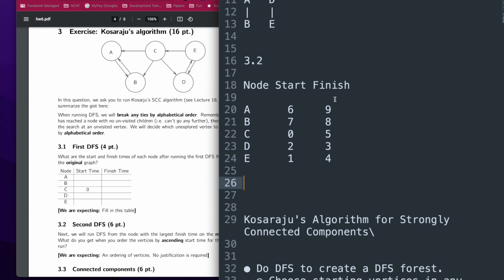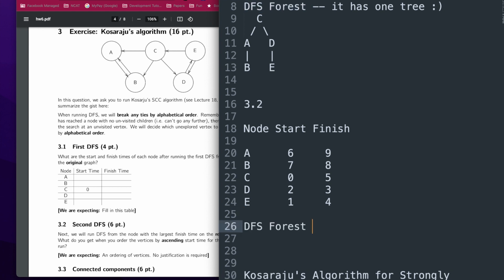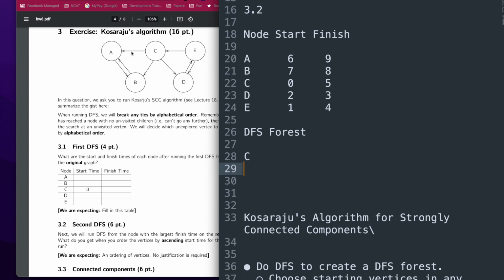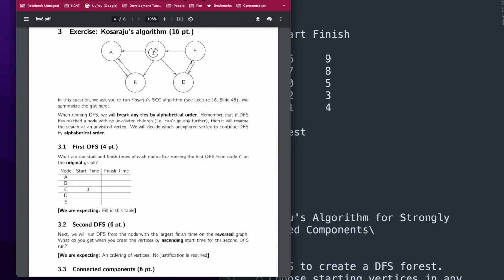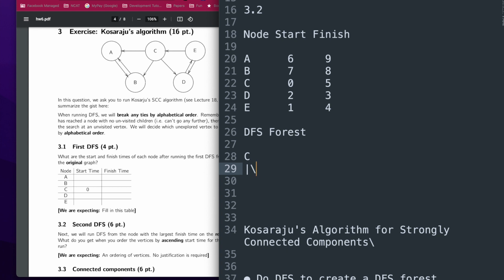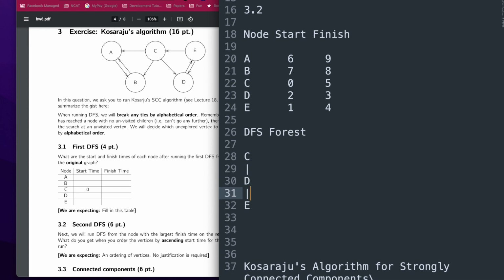And again, you can imagine it does create a DFS forest, right? So this is going to be helpful to take a look at. Again, we create a new DFS forest. We start it with C. And in this case, C had only one child, which was E. And then E had one child, which was D. So this is one of the trees in our forest.